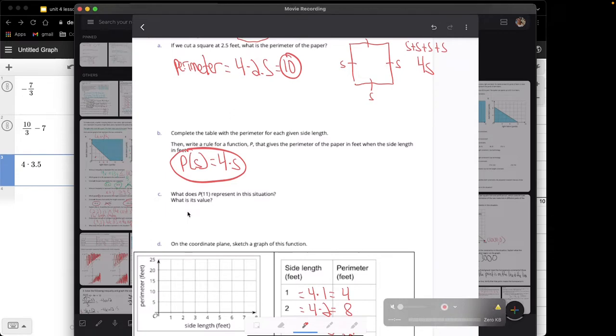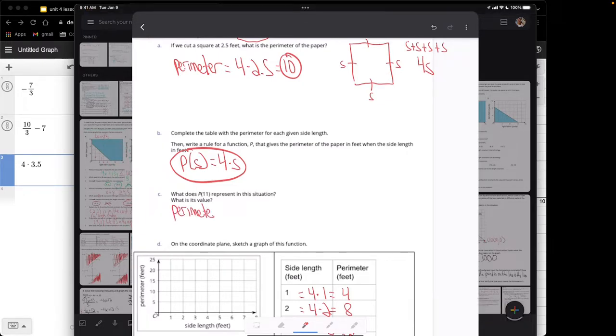Okay, C, what does P of 11 represent in this situation? So what this means is the perimeter of the square of side length 11.